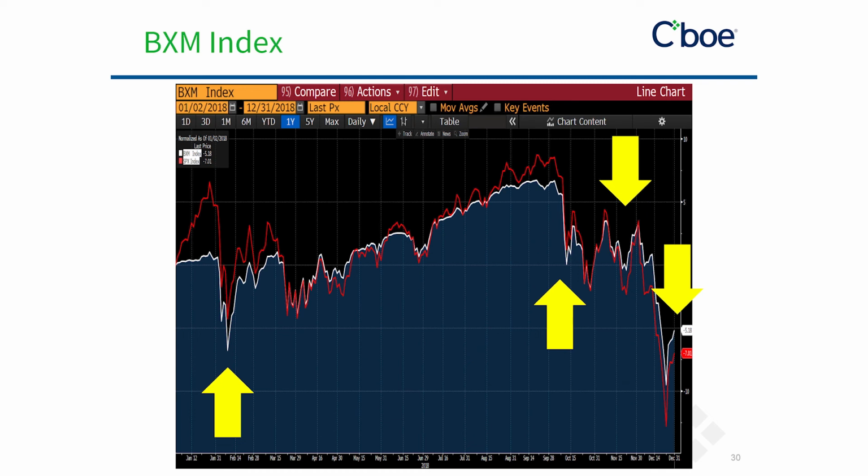In Q4 of 2018, when macro volatility picked back up, BXM provided a cushion against the fairly steep drawdown. For the full calendar year, the S&P 500 was down about 7%. BXM was lower by 5.2%. So, the buy right strategy outperformed the index by about 120 basis points.